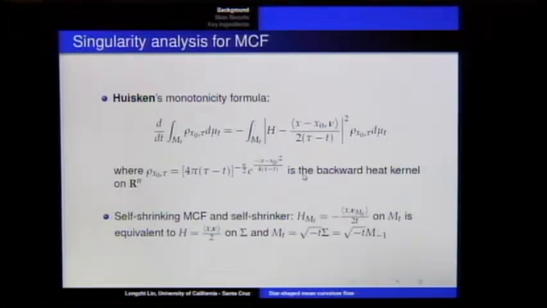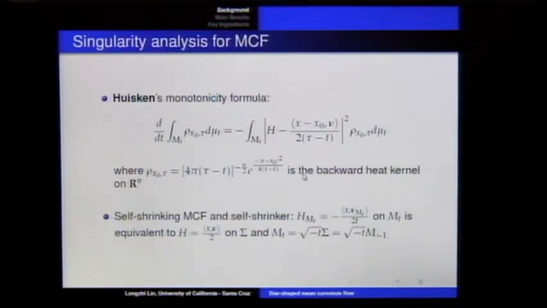Otherwise, all the constructed self-shrinkers are highly unstable, so it might be possible that they would never occur in nature, right?